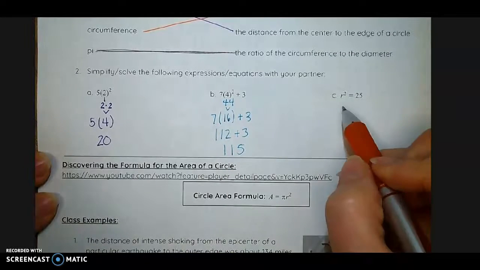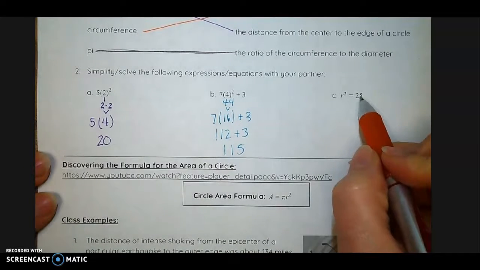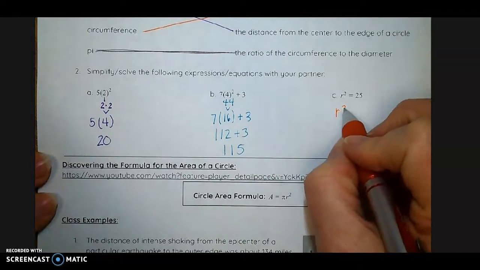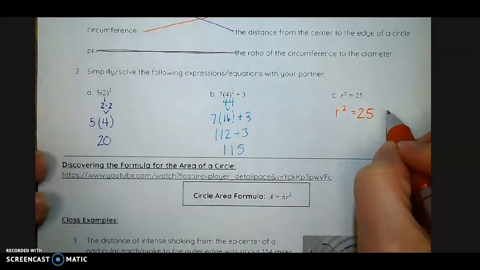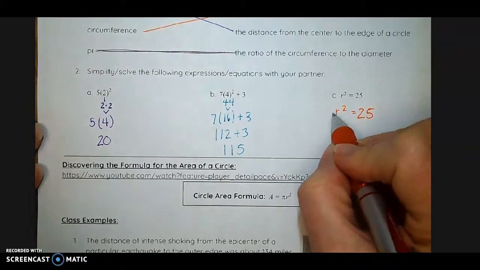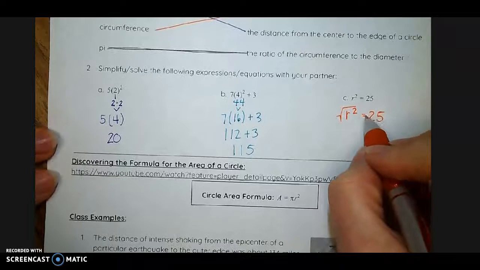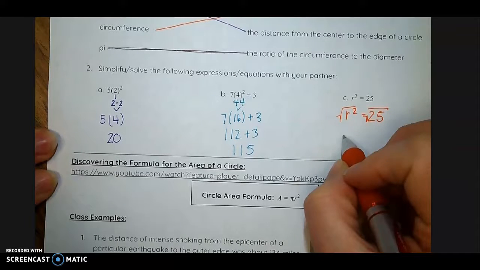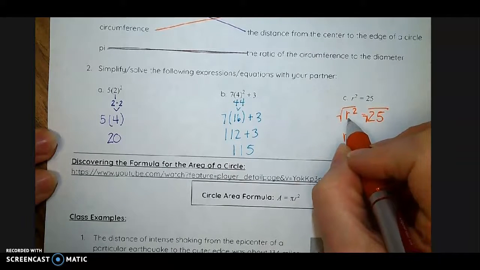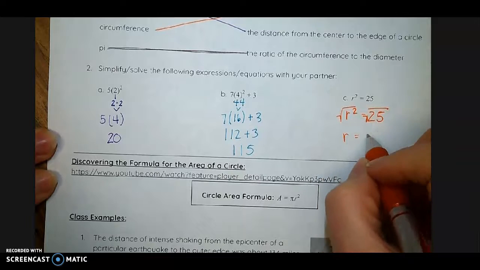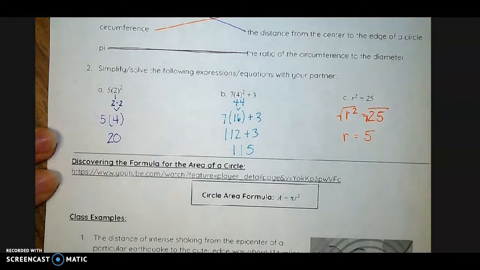On our last one, I have something squared equals 25. And so remember, everything in math has a way to undo it. So the way to undo a square is to do the square root. So I'm going to do the square root. And that means what number could be squared to equal 25. So that is going to be 5.